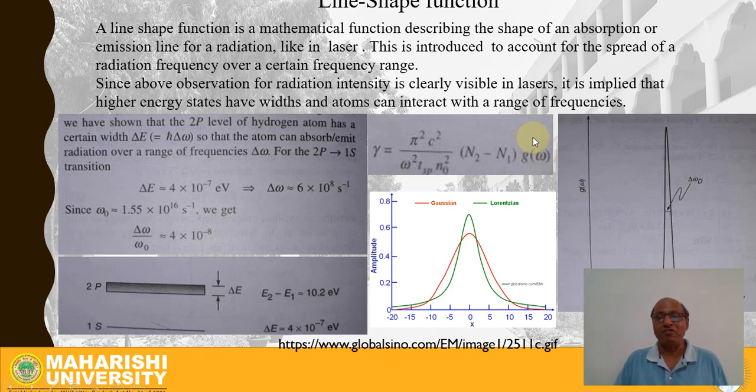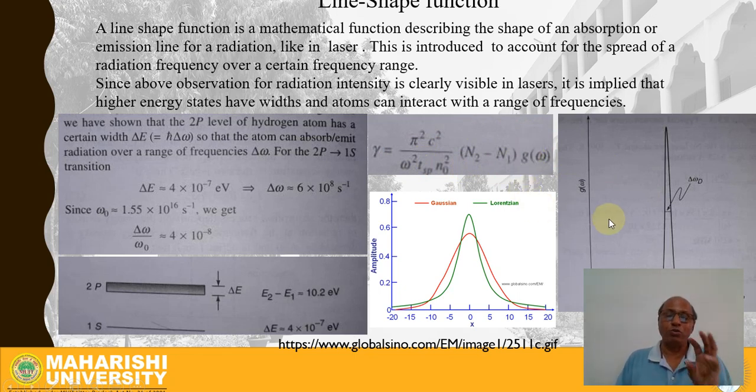If the line shape function is very narrow, the threshold required for gain coefficient will also be very low. And the threshold population inversion, n2 minus n1, will be inversely proportional to this line shape function. We discussed this last time.